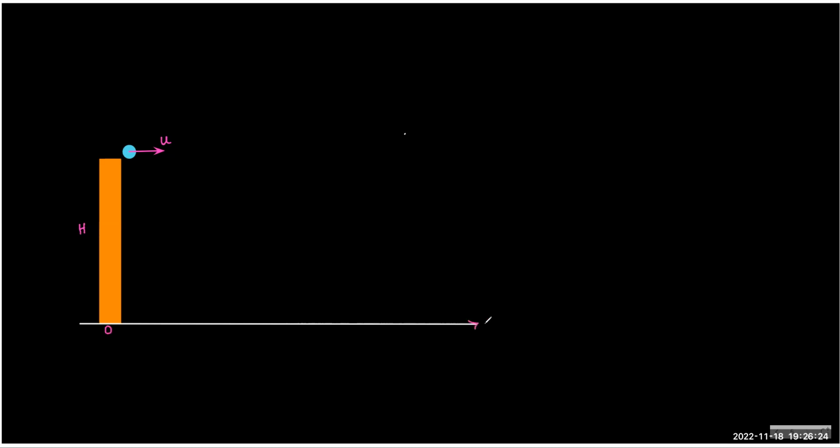I'll call this 0, this is x, and I'm taking the origin at the bottom, for no specific reason, as I said, it is just a matter of choice. Generally, in any question of projectile motion, there are some typical queries that we answer. You're always interested in how much time it will take to reach the ground. That is the interest for every observer.